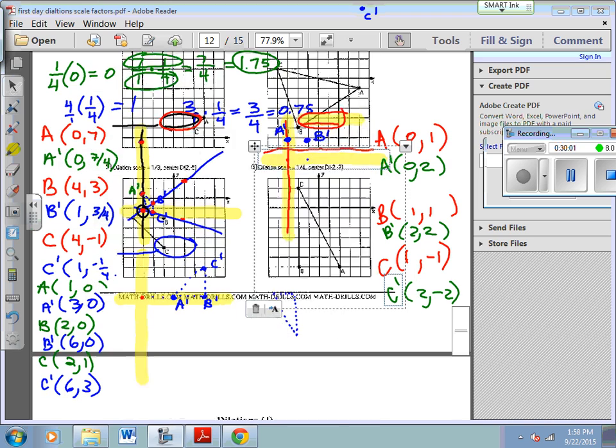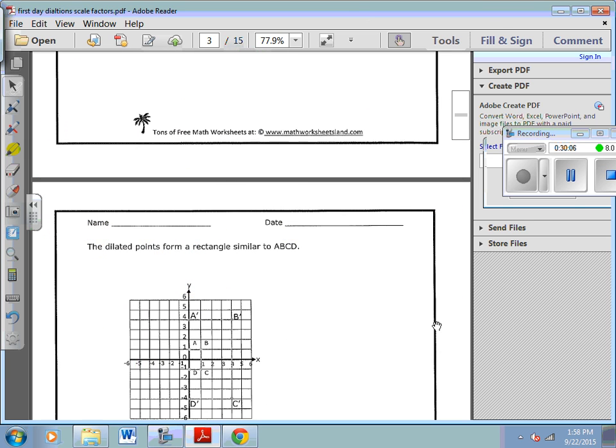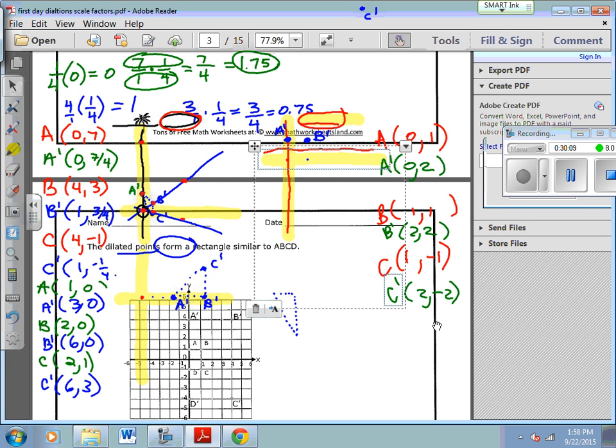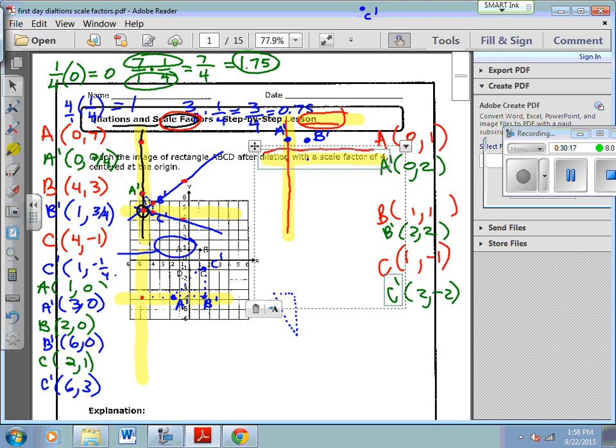I'm so confused. Let's move back up. Give me a second here. There's dilation there, so let's go to dilation, scale factors.